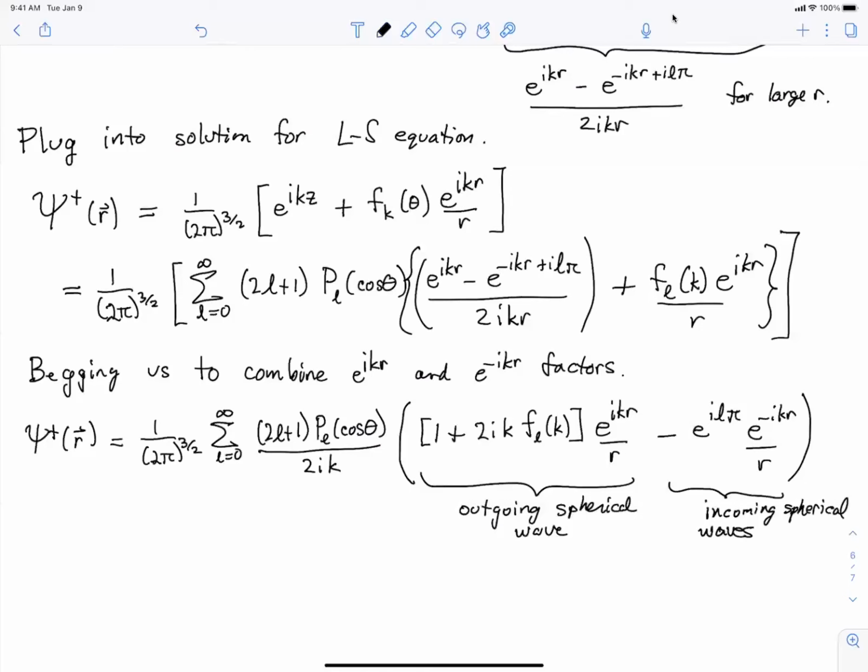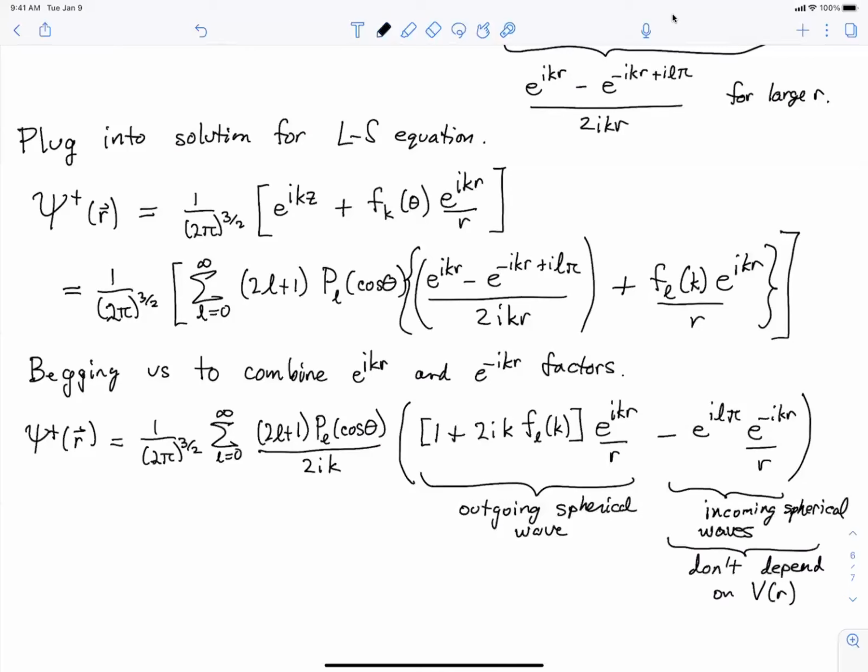And so in particular, this doesn't care what our potential was, which makes sense because the incoming wave doesn't know what the potential that it's going to later scatter off is. So these factors don't depend on the potential that's doing the scattering.